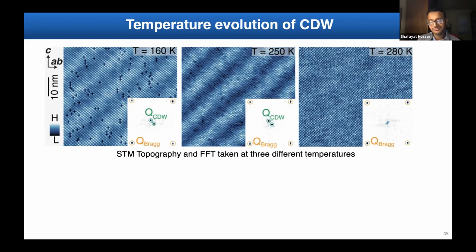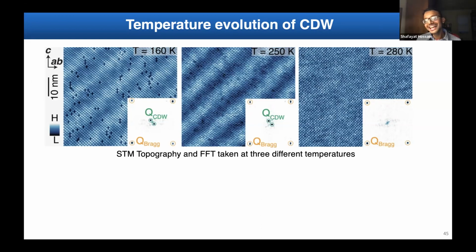Okay. One last question. Is there anything you can say about the role played by the phase of the CDW order parameter? Is it important here? Phase of the CDW order parameter, yeah.